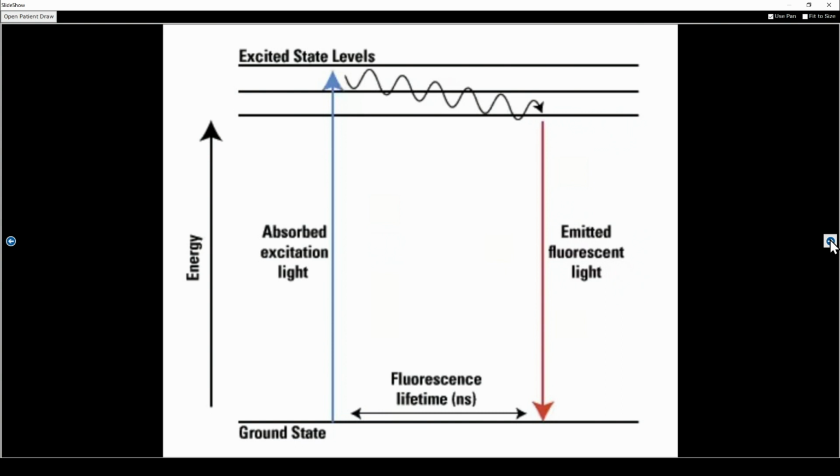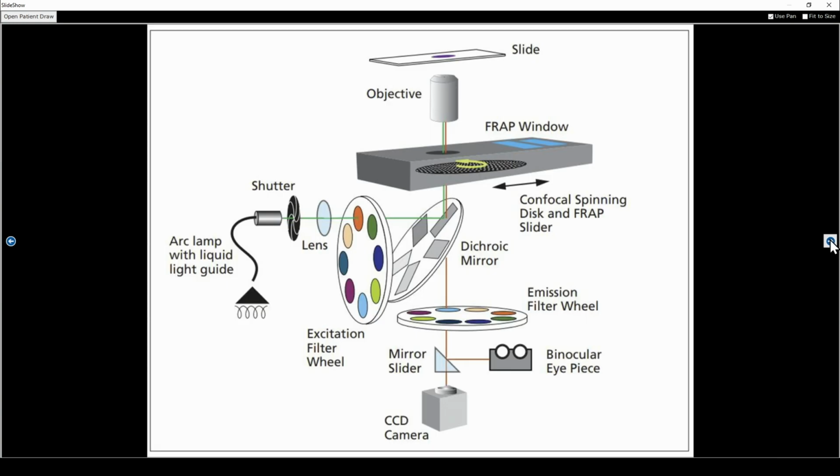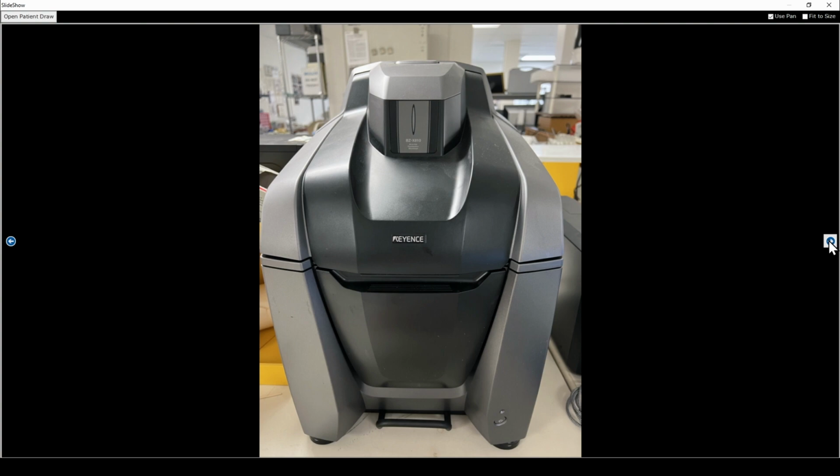In doing that, the fluorescent probe emits another kind of light that is picked up, usually a lower frequency light, as the photons strike the outer orbitals of the material. The confocal microscope is just a series of different wavelength lights, some dichroic mirrors that handle the separation of the frequencies, and then a camera.